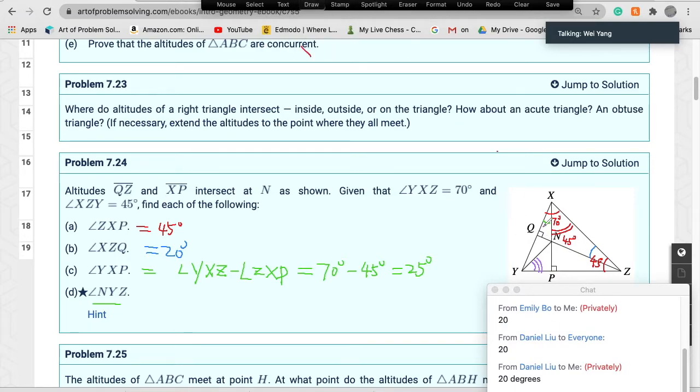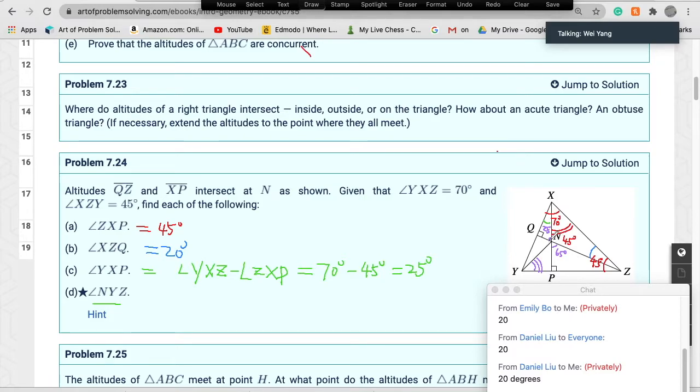We already got this one is 25 degrees, right? So this smaller one will be 65 degrees, because this one is 25 and this is a right triangle.